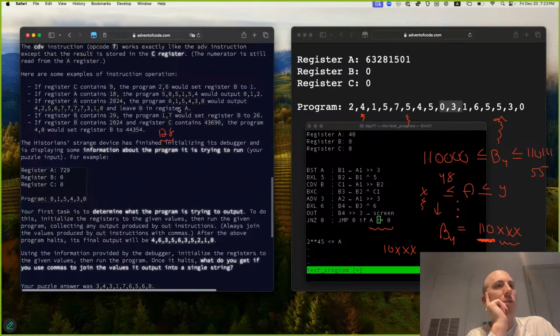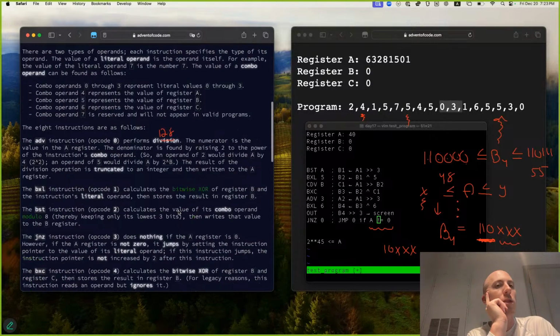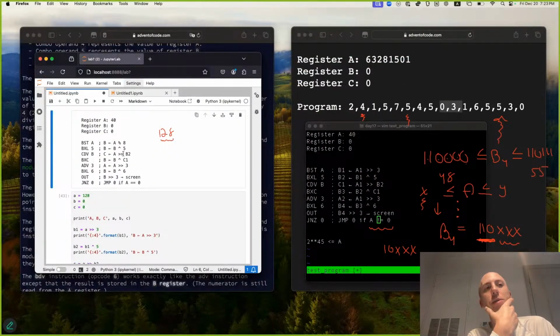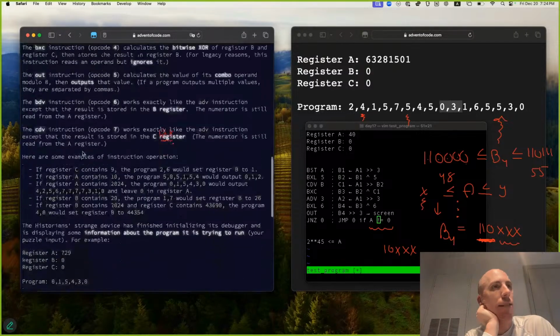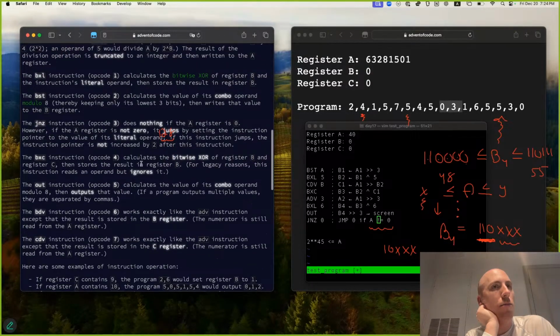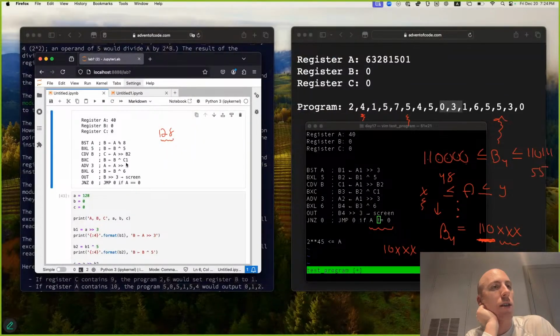So 5 is B. So yeah, you divide it by 2 to the B. Okay, that's fine. So BXC, bitwise XOR of B and C. Yeah, that's fine.